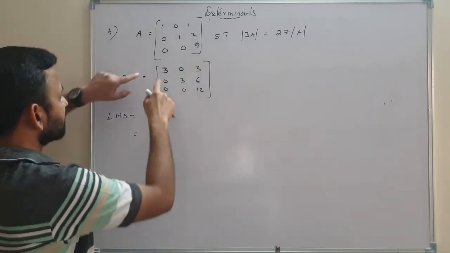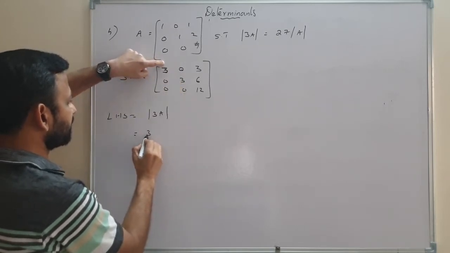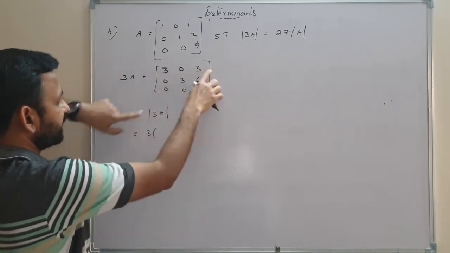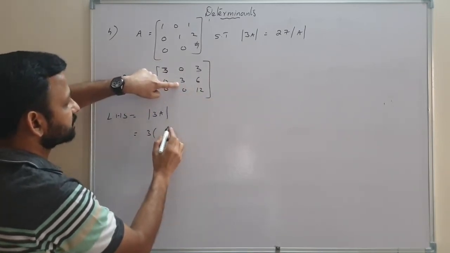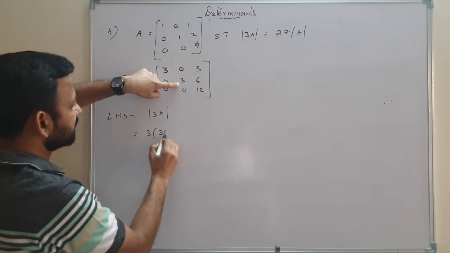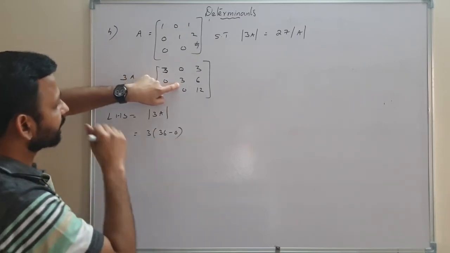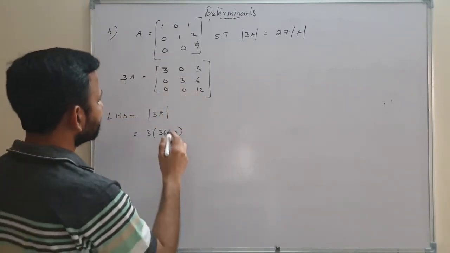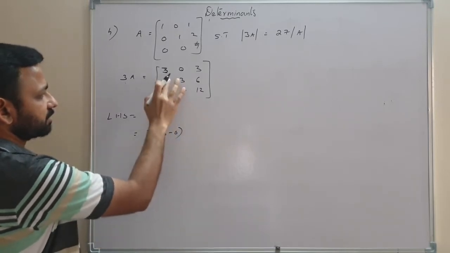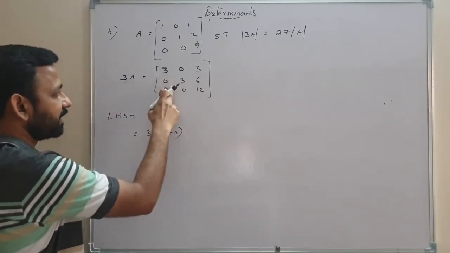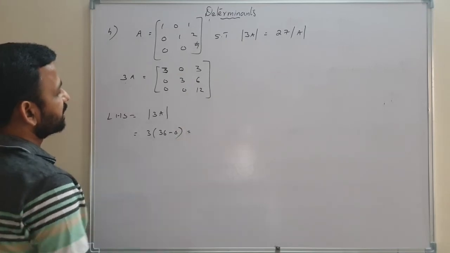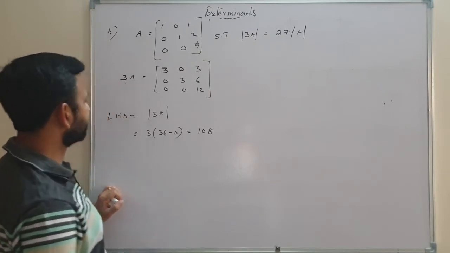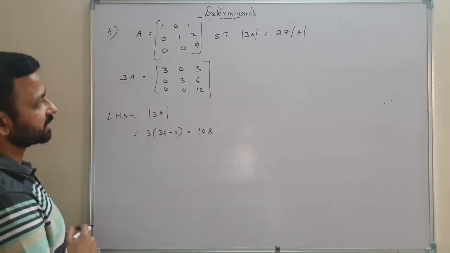First sign is plus, 3 into deleting, 3 into 12, 36 minus 0 into 6, that is 0. Then plus 0 into, again 0, so no need to write it. Then 3 into 36, 108. 108 is LHS.